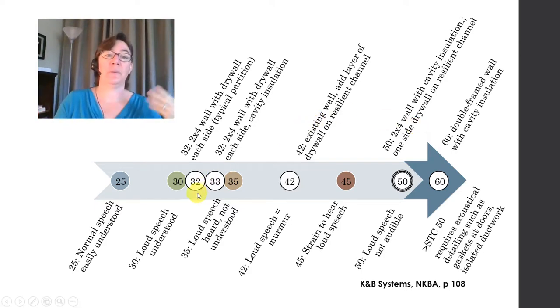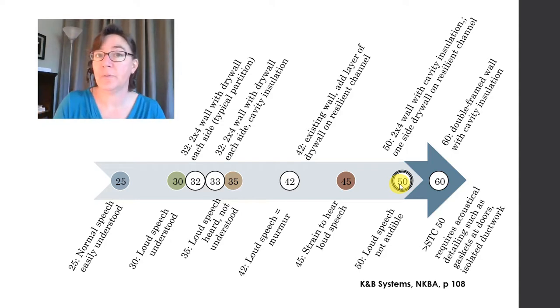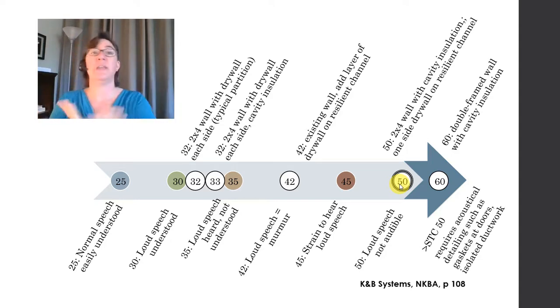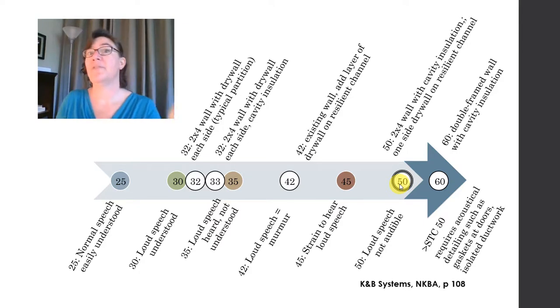You can see the difference between 32 all the way up to 50 is a huge difference. From loud speech understood between the two rooms all the way to loud speech is not audible. This is important. Just the fiberglass batt insulation doesn't work. Fiberglass batt insulation with the resilient channel works.